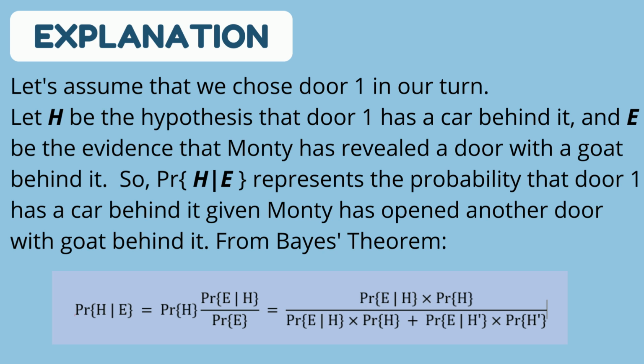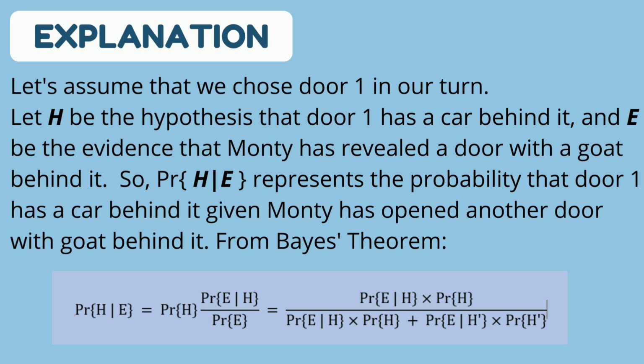This means that after Monty has opened the door with the goat behind it, what is the probability that door 1 has a car behind it?